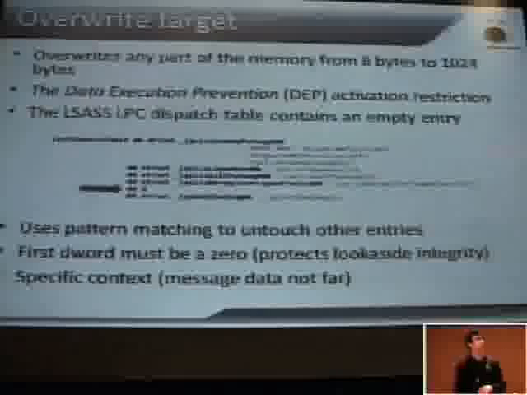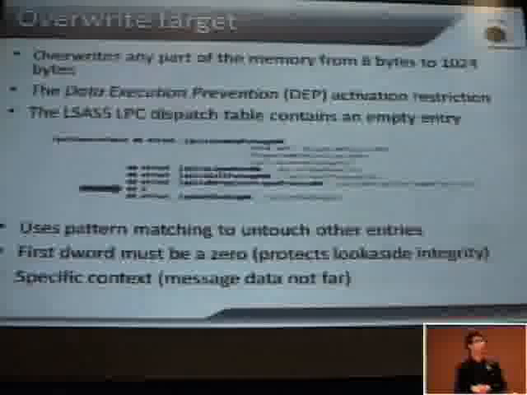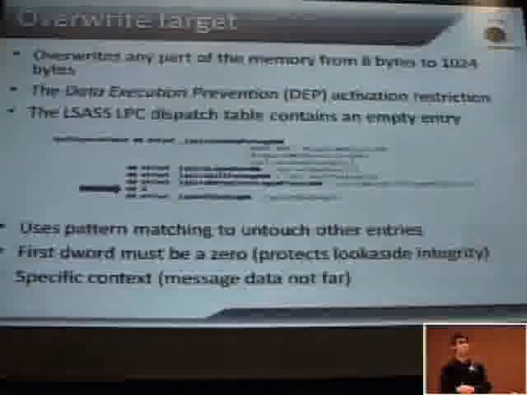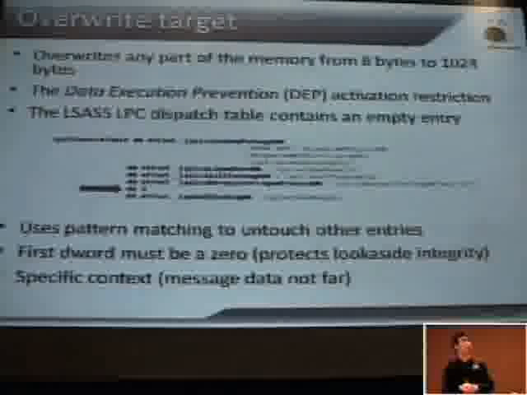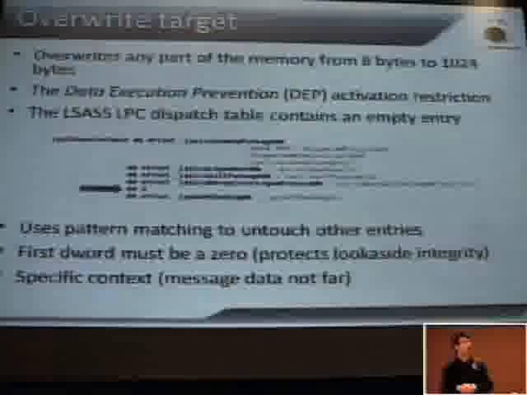On Lsass and XP SP2, we are on a critical system component, so the data execution prevention system is activated. This system denies execution of non-executable pages, so we cannot just jump in our remote mapped section, because it's only mapped in read and write.